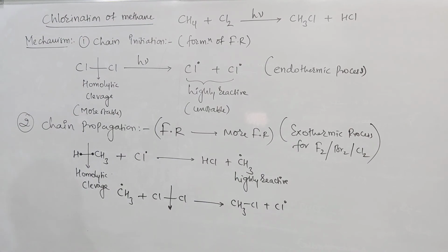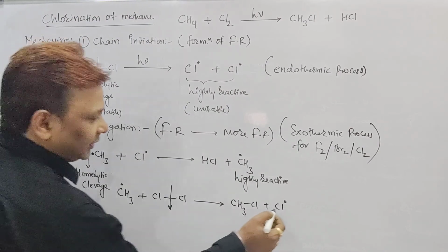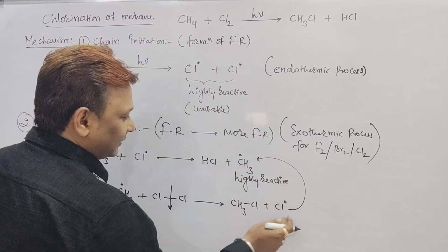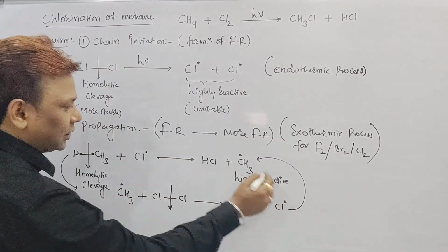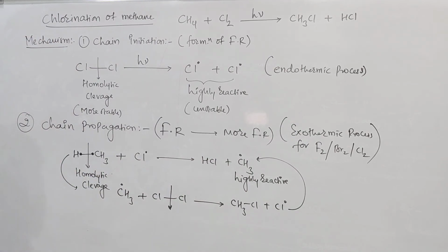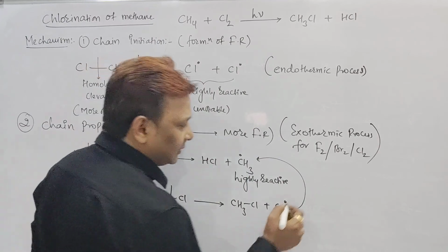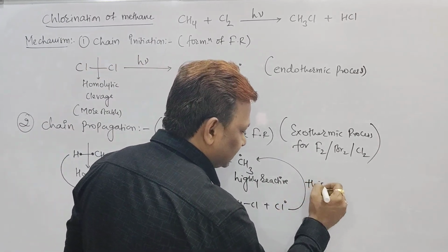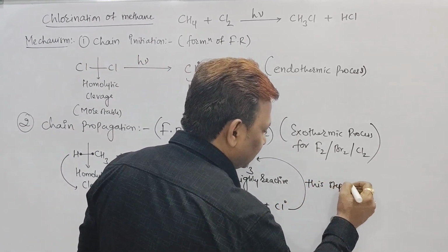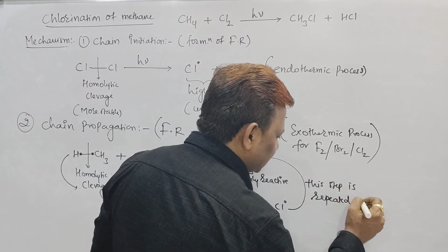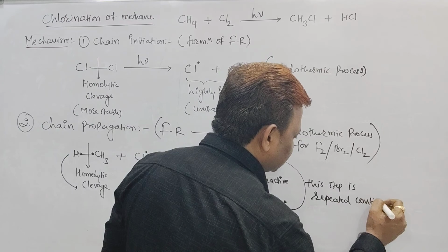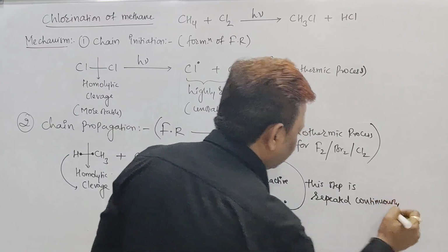Now this obtained CH3 radical, what happens? It will attack here. The reaction goes on. This process continues, and this step will be repeated continuously. As this step is repeated continuously, what will happen here?